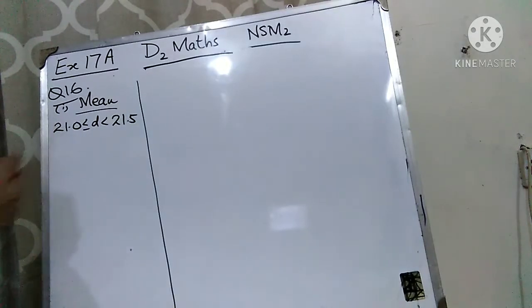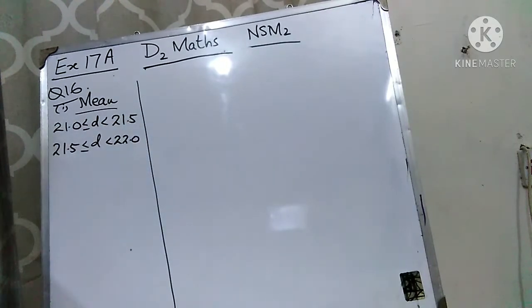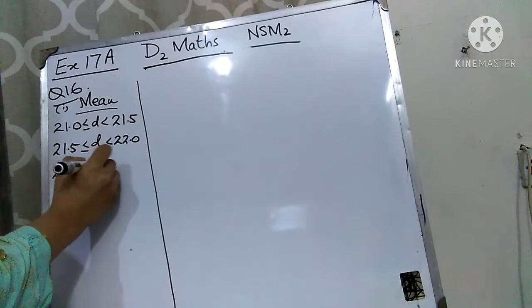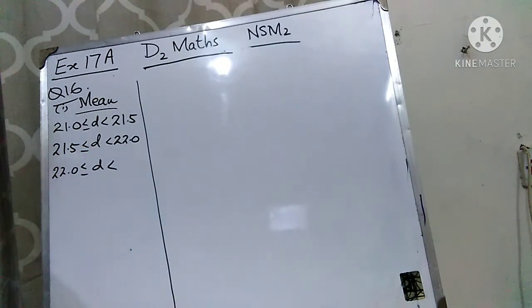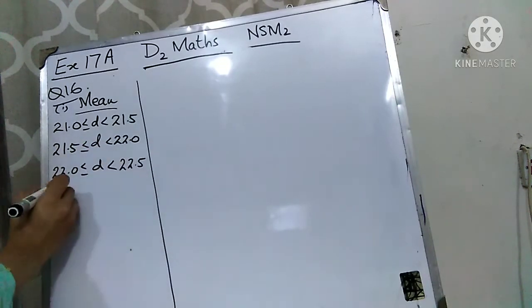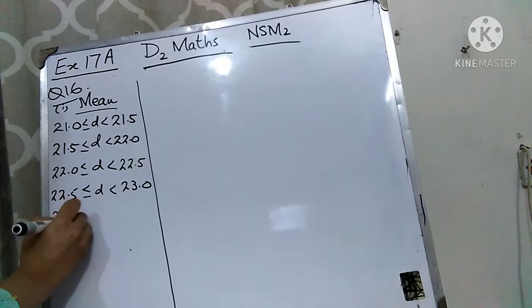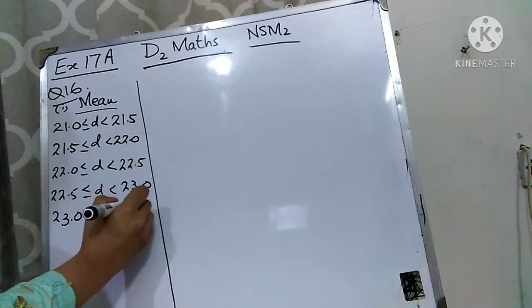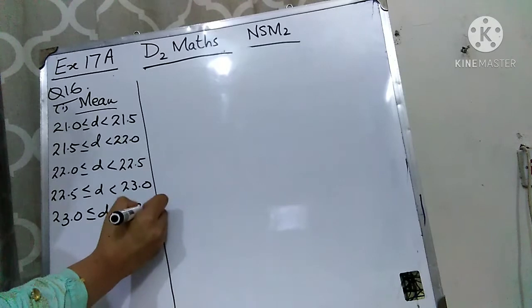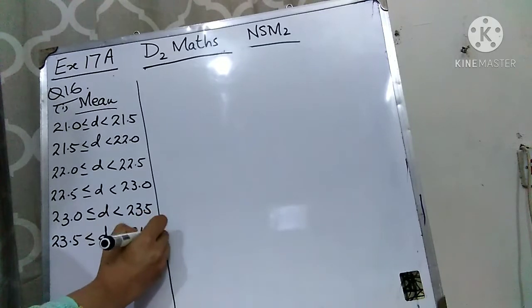In the same way, 21.5 less than or equal to D and less than 22.0, and then 22.0 less than or equal to D less than 22.5, and then 22.5 less than or equal to D less than 23.0, and then 23.0 less than or equal to D less than 23.5. In the same way, 23.5 less than or equal to D and less than 24.0.